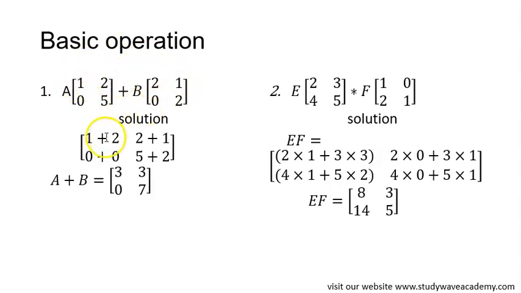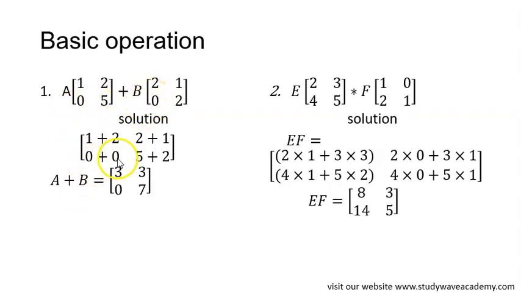So A plus B, that is 1 plus 2, okay. Then the second number in the second row plus the second row of B, okay. 2 plus 1, okay. You write it out. That's how we do it. Then from the second column, you take the first number there and add it to B, the second column, okay.